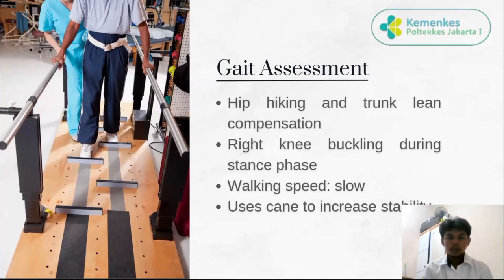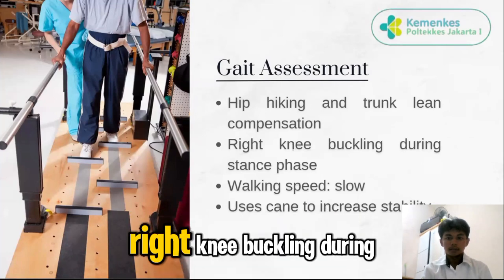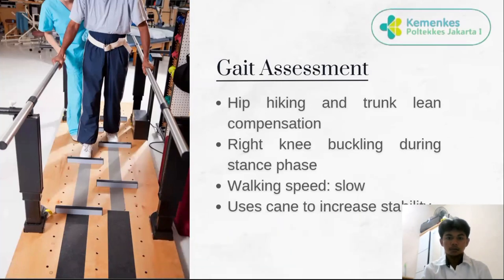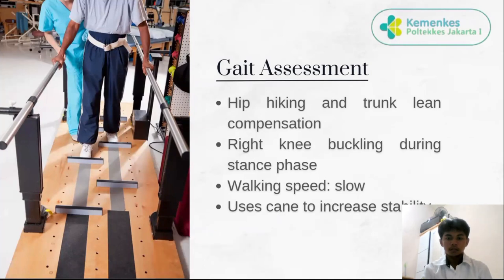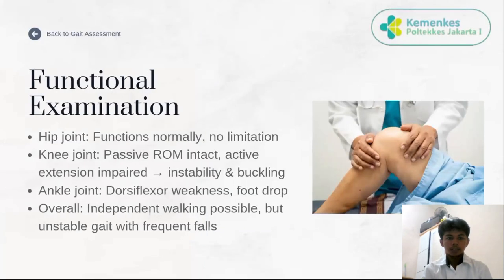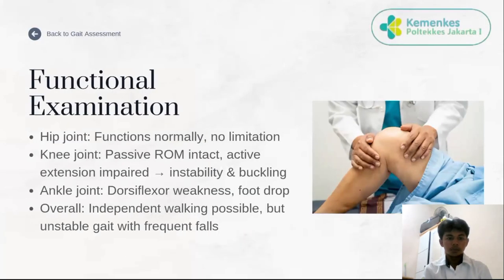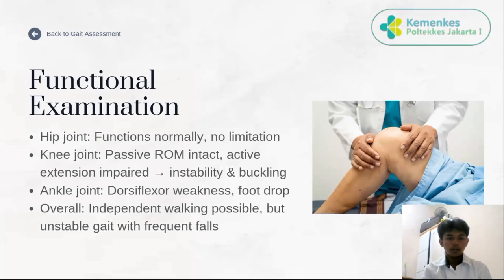Gait assessment: hip hiking and circumduction compensation, right knee buckling during stance phase, walking speed slow, uses a cane to encourage stability. Functional examination: hip joint functions normally, no limitation.